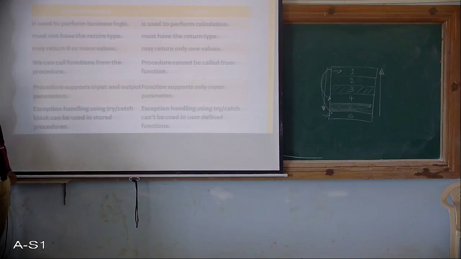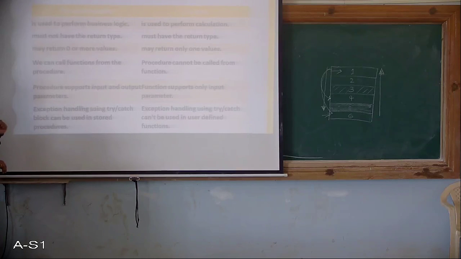These are some optional differences between your stored procedure and the function. You can access both stored procedures and functions using the callable statement, but these are listed as some of the differences. A procedure is used to perform business logic, and a function is used for calculation. A procedure must not have a return type.